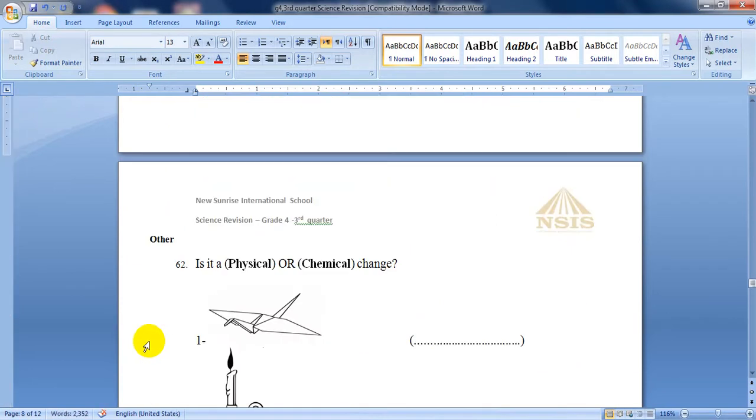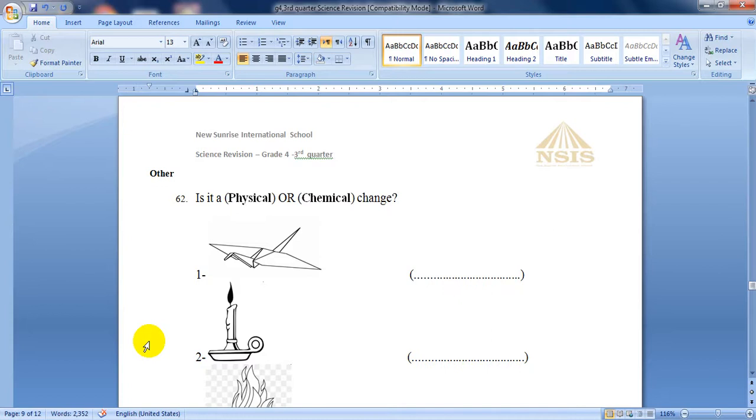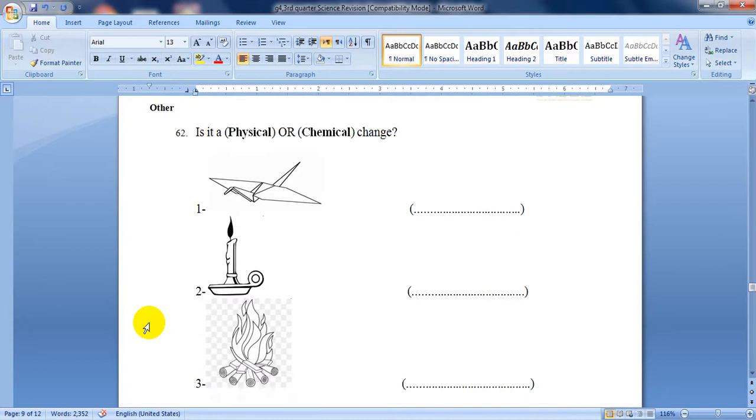Let's move to the next question. You need to look at the picture and say which kind of change it is. Is it a physical change or a chemical change? Here it's a picture of a paper that we changed its shape to be like a plane.